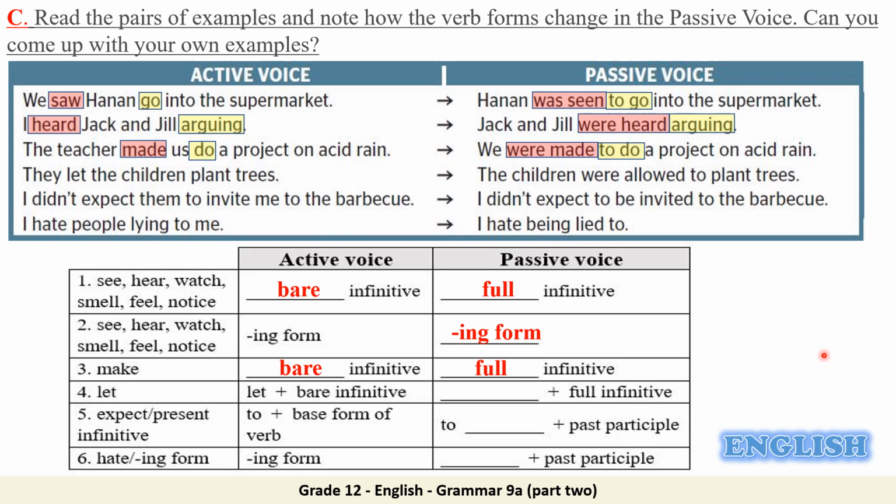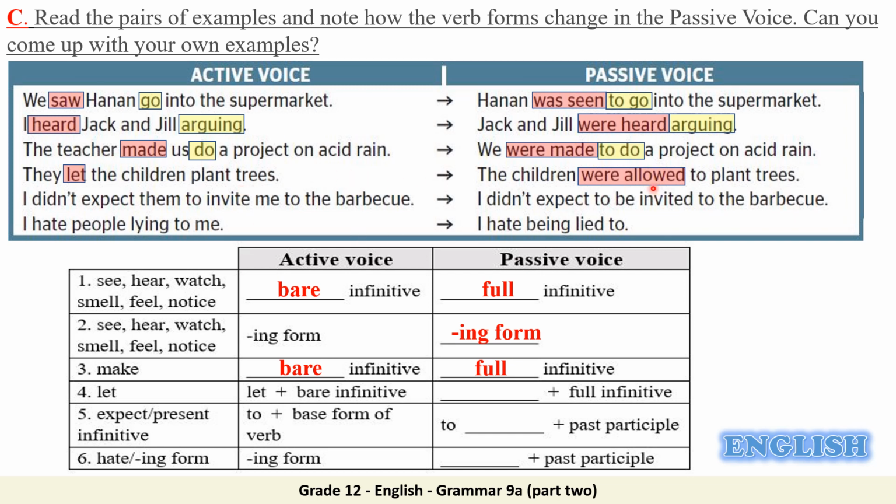Number 4, let. They let the children plant trees. What do we have after let here? Let is followed by a bare infinitive. Where is it? It is in here. Plant. They let the children plant. Okay, let. So the children were let? No. This is the first change that happens here. We change let into allowed.